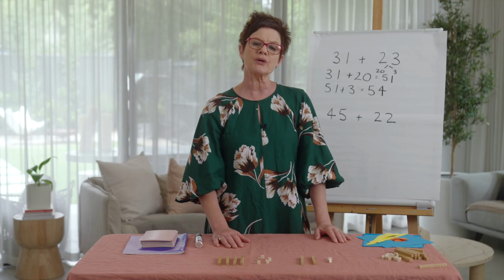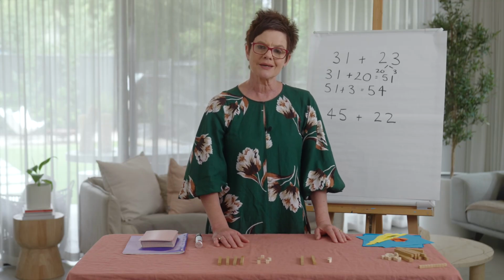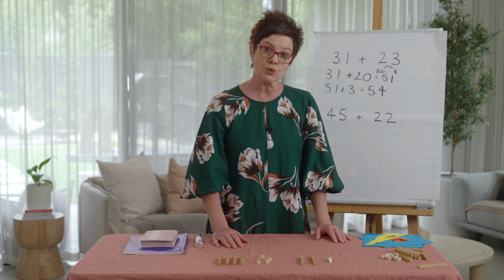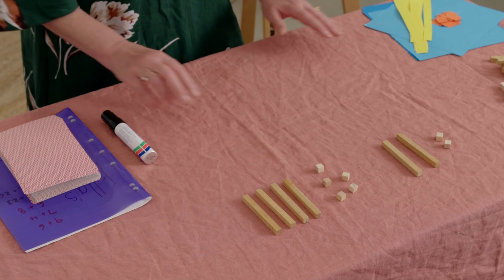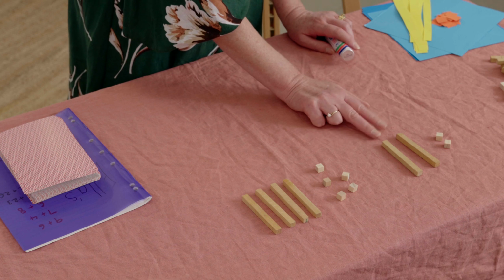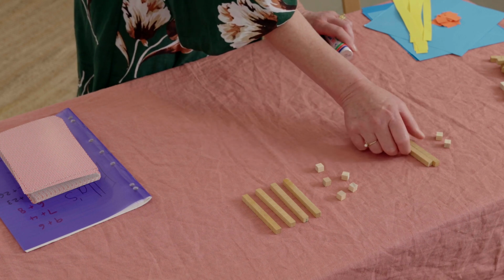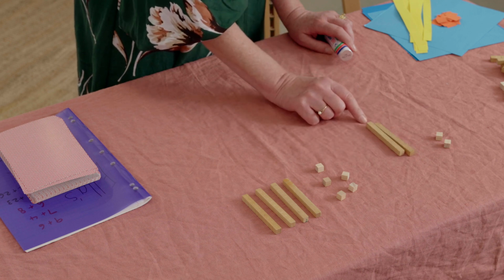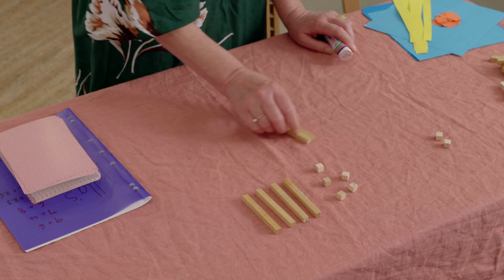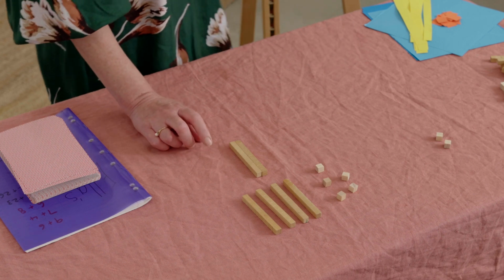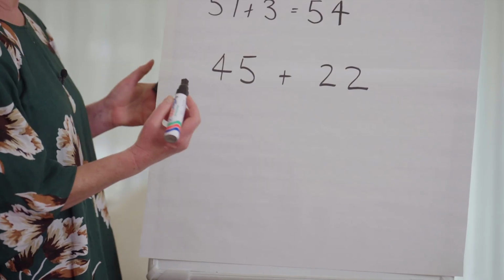Now, which number are we going to break apart? We're going to break apart the smaller number. All right, so here we go. That must be the smaller number, 22. And the first thing I'm going to do is partition it into 2 tens. 2 tens are 20, and I'm going to bring them over here. What does that look like? It looks like this.